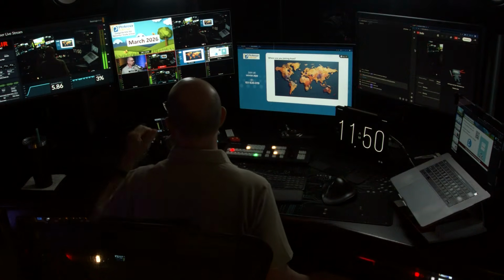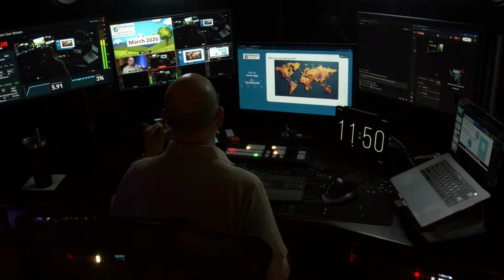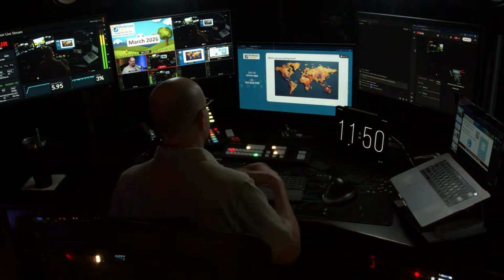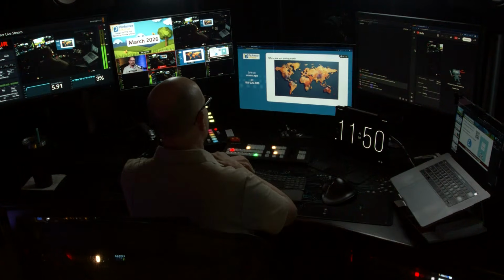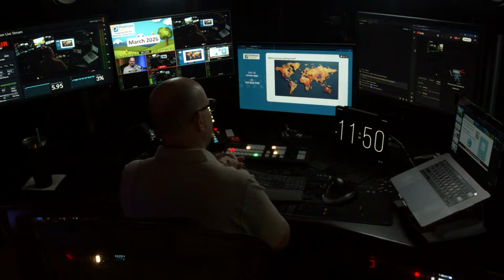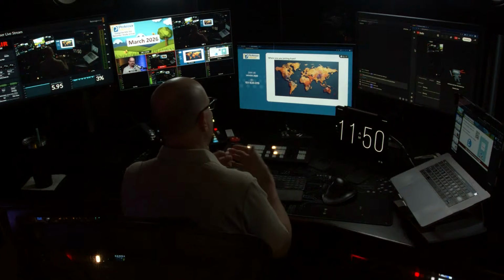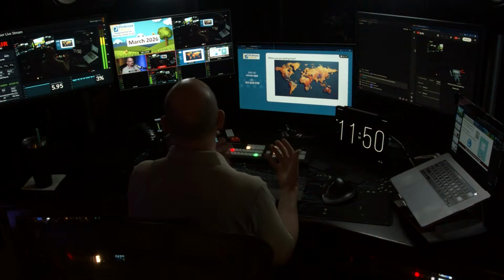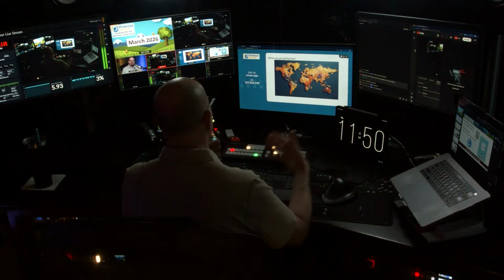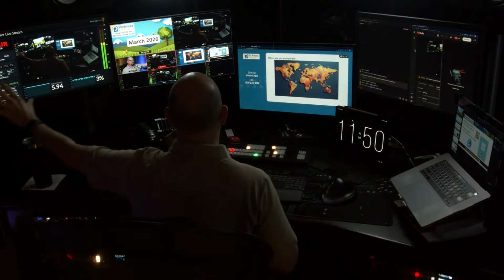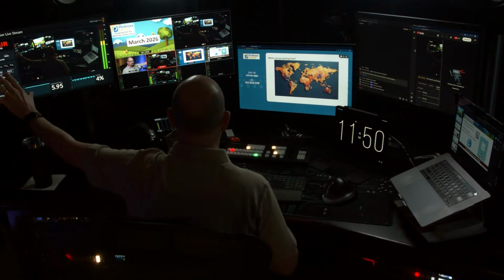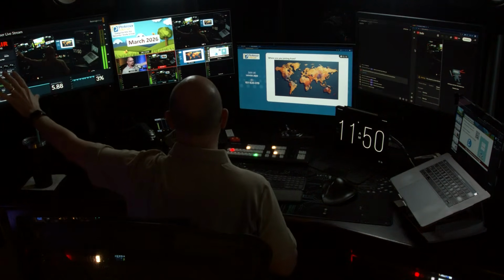So far, so good. I was troubleshooting a problem earlier. You turn these things on in the morning. I turn this on probably a couple hours before we go live, just to make sure everything's working. And I've often thought, do I really need to go through that entire process? Yes, we do. Because this morning I turned it on, and this left side monitor is the video output from my streaming server.